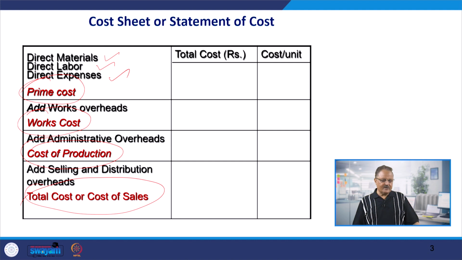For example, when you talk about the direct material cost, if you want to manufacture any product and the material cost is, say, 60% of the cost of the product, and it is normally there. In any manufactured product, up to 60% of the total cost is because of the material. So if you are able to reduce the material cost even by 10%, in the total cost you will be able to reduce it by 6 rupees.